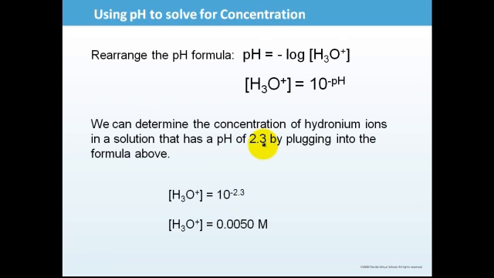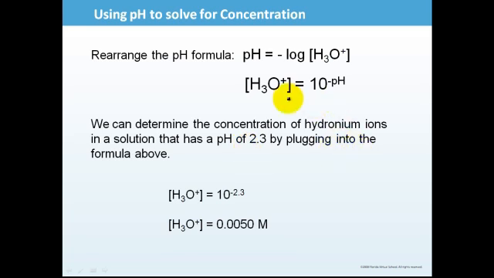All right, now the one final thing is sometimes we're given pH and we want to find out the concentration. Well, in math, you may have already learned this, that to work backwards with your logarithms, you have to take the base 10 and put it to that answer.